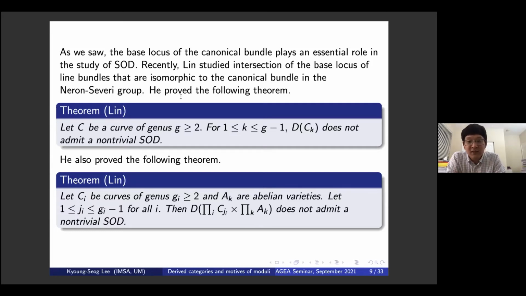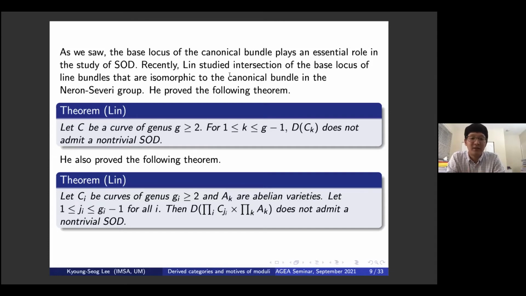He studied the intersection of the base loci of line bundles that are isomorphic to the canonical divisor in the Néron-Severi group, that is, numerically equivalent but not linearly equivalent.